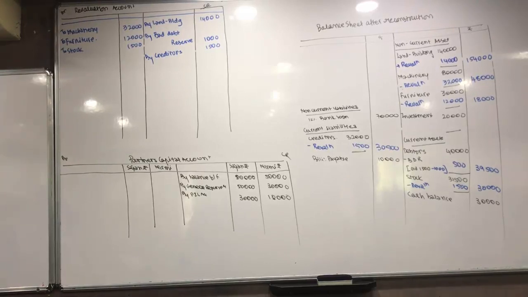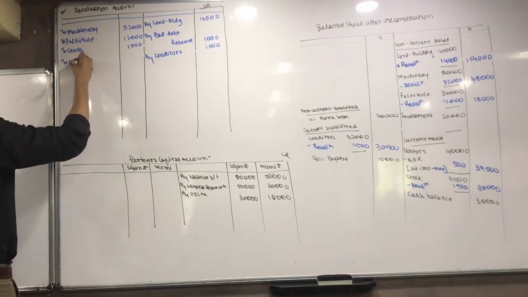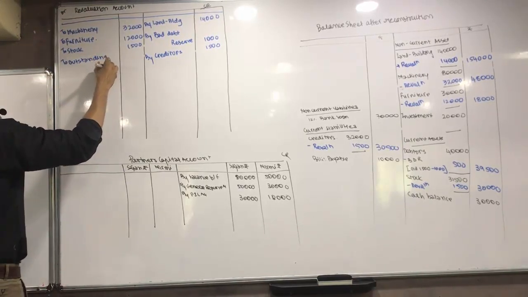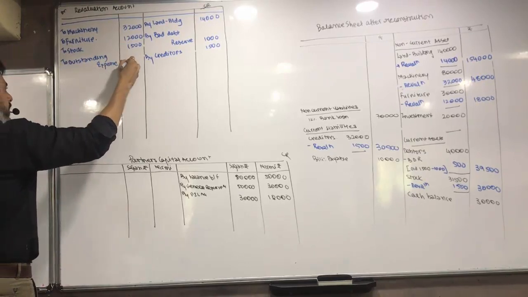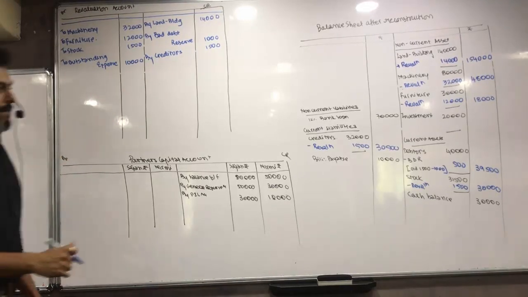Outstanding expense 10,000. Benefit or loss? Loss, we have to pay. So to outstanding expense 10,000. Second effect, balance sheet liability.